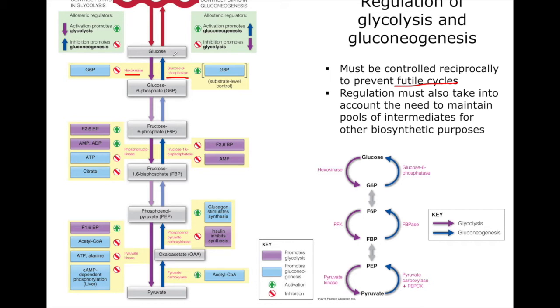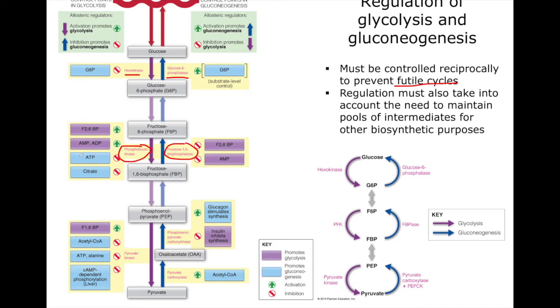We're producing one thing and breaking it down at the same time, and that's just a waste of energy. So both glycolysis and gluconeogenesis must be reciprocally regulated. When we have one of these enzymes being inhibited, we want the other to be activated and vice versa. That way we avoid a futile cycle and avoid a waste of energy.